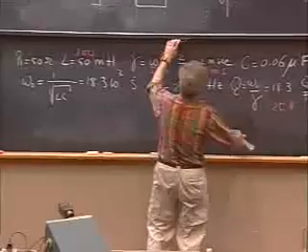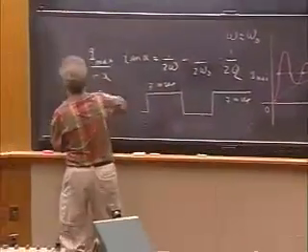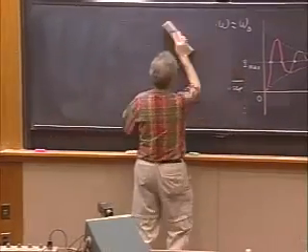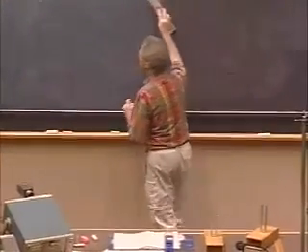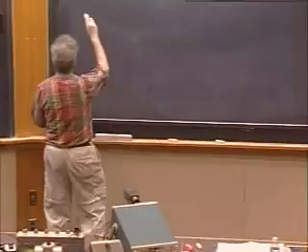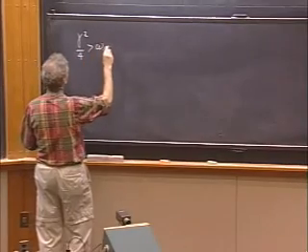All this is very nice and dandy, but what now happens if gamma squared over 4 is larger than omega 0 squared? What now happens if gamma squared over 4 is larger than omega 0 squared?